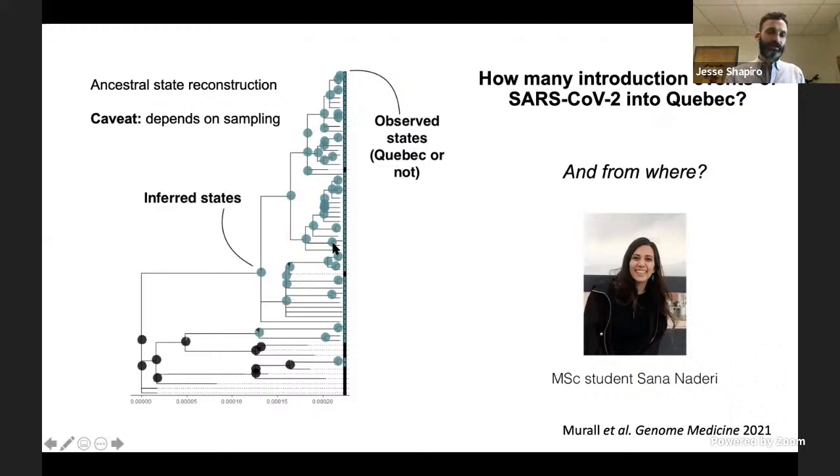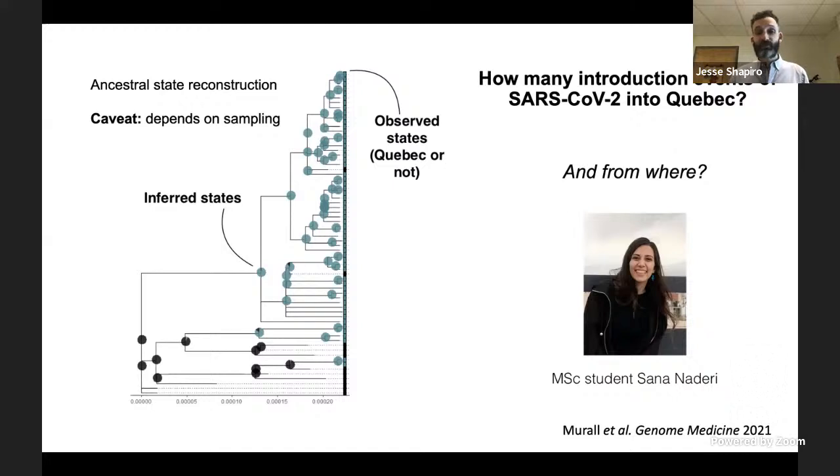And in this example, we infer the maximum likelihood, most likely ancestral state deeper in the tree, right? So we can infer that there was probably an introduction event into Quebec here where the ancestor was somewhere internationally. And then there's going to be some uncertainty in the tree, and we can resolve this in different ways.